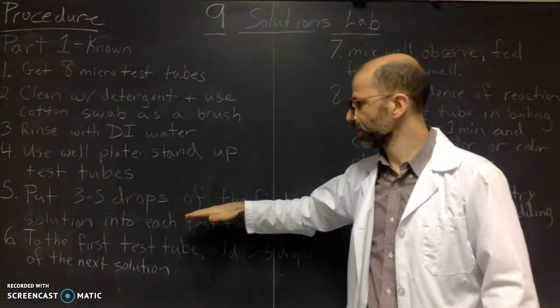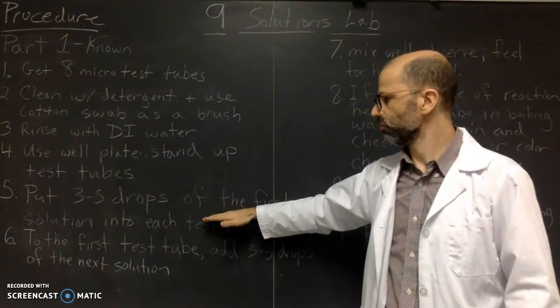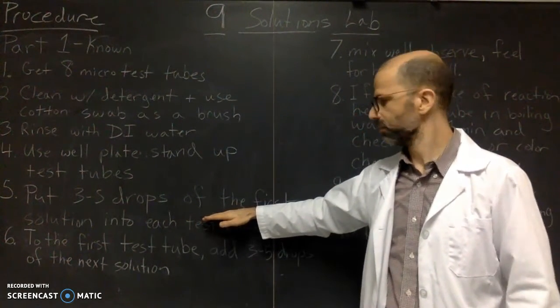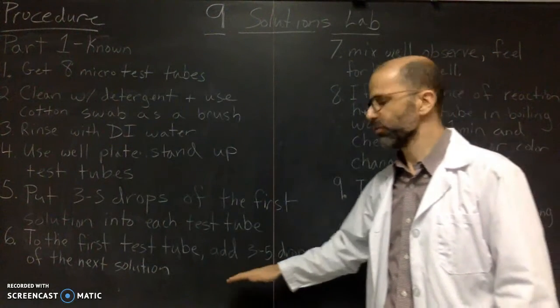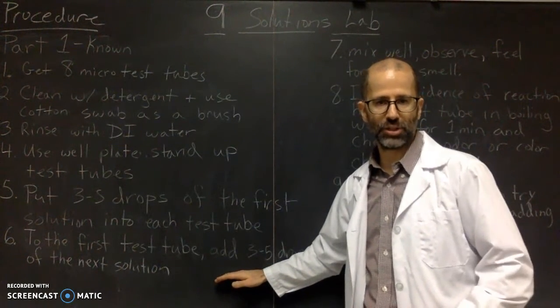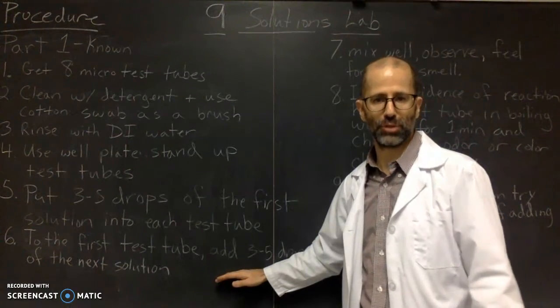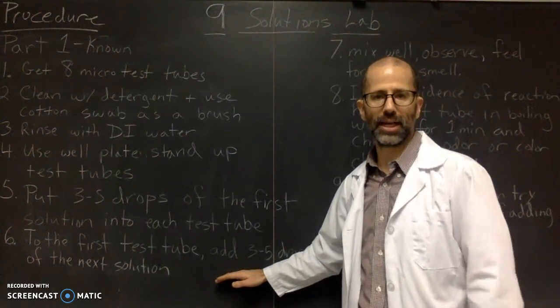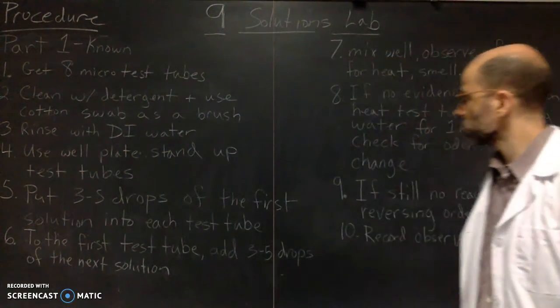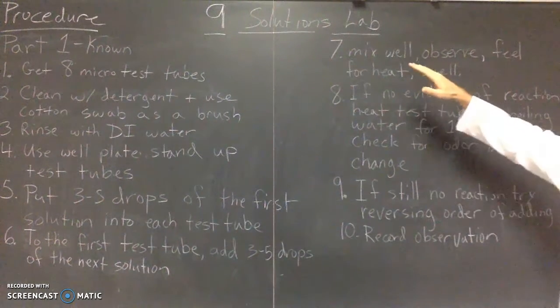You're going to end up having 3 to 5 drops of whatever the first solution is that you added. And then you're going to add 3 to 5 drops of the second solution, and then you're going to look for a reaction to see if you can observe any indications of a reaction. So that means you got to mix it well.